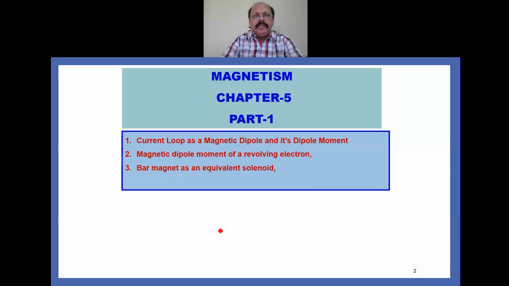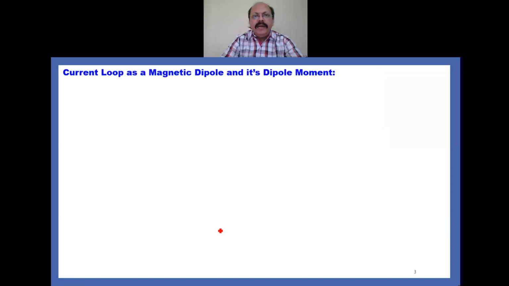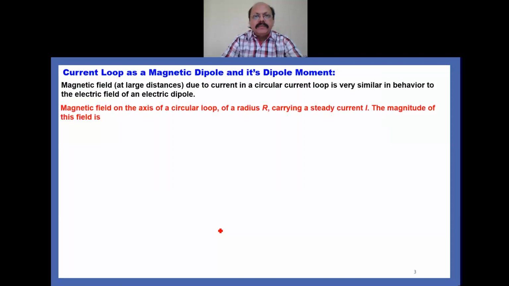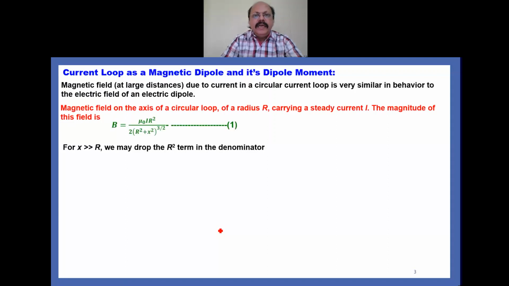The first topic is current loop as a magnetic dipole and its dipole moment. You can see here, the magnetic field at a large distance due to a current in a circular current loop is very similar in behavior to the electric field of an electric dipole at its axial line.